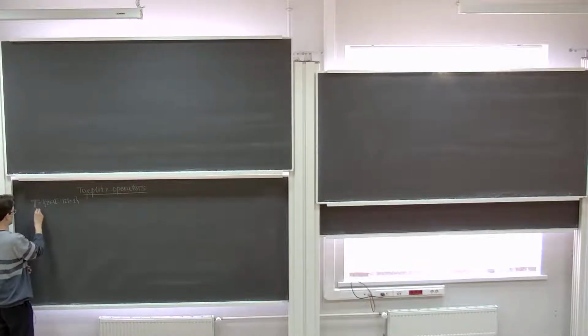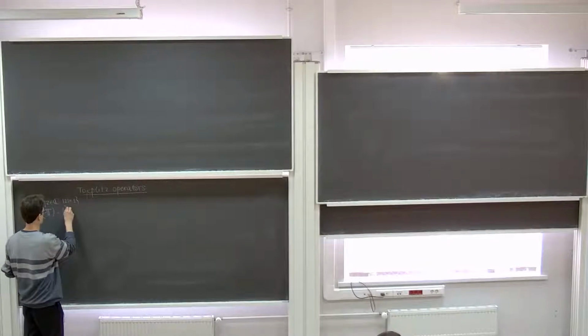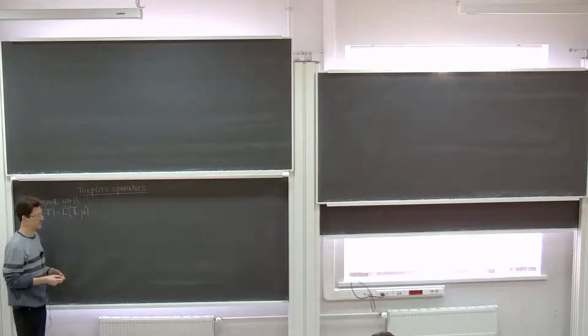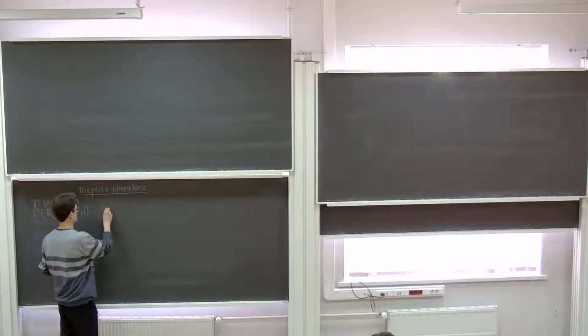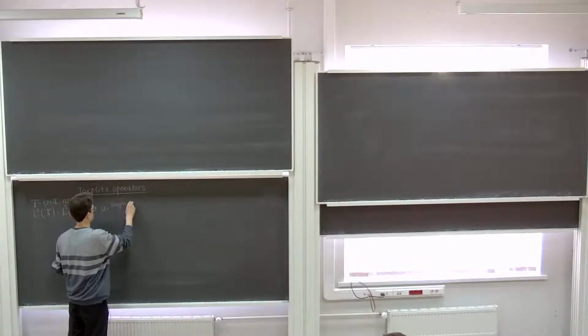So we work with the Hilbert space L2 of T of square integrable functions on T. More exactly, we consider L2 with respect to the canonical measure mu on the circle, which is the normalized length measure. Length measure divided by 2 pi.